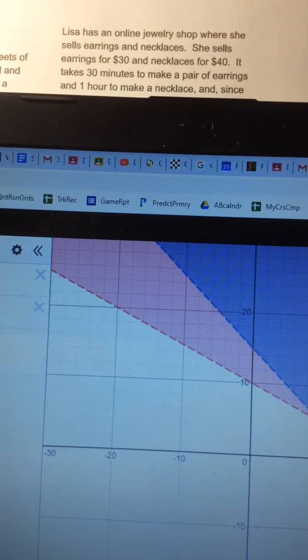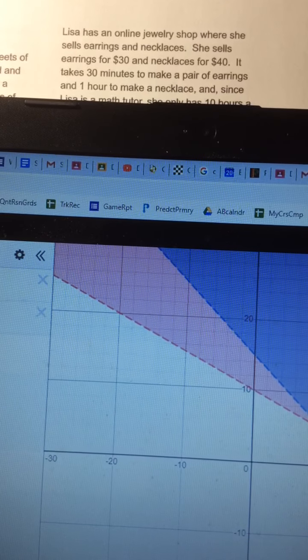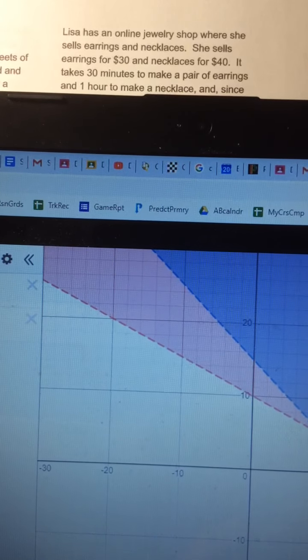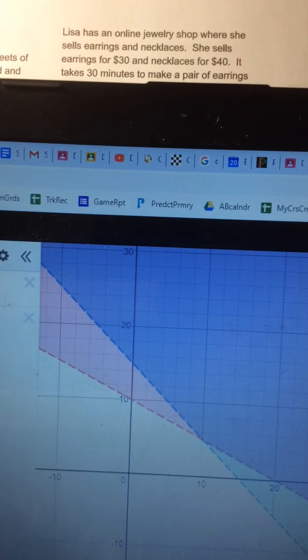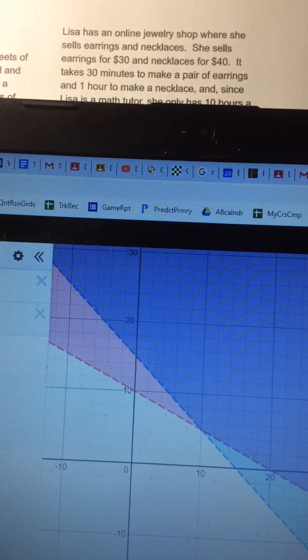There we go, hopefully. And move it over a little bit. Okay, there we go. So it's the same shape as it was before.